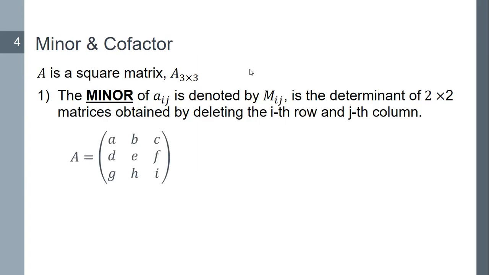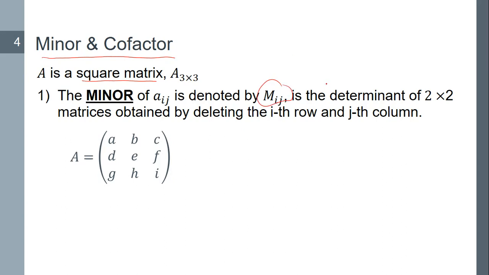Now when we want to go for the determinant of a 3 by 3, before that you are first introduced to the minor and cofactor. As we said before, to have a determinant you must have a square matrix. The minor of my matrix A is denoted by Mij.